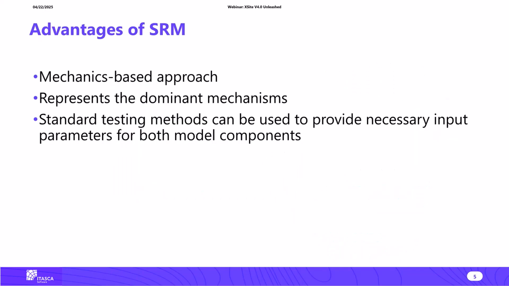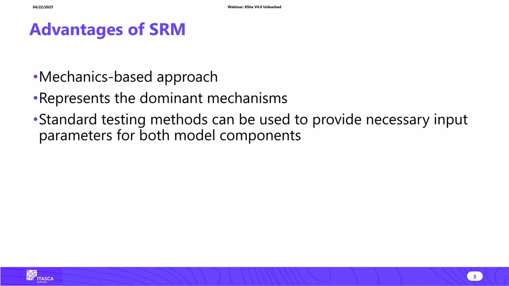So what are the advantages of the SRM or synthetic rock mass? It is a mechanics-based approach, and consequently, it represents dominant mechanisms of the deformation and failure of the fractured rock mass, which very often consists of sliding and opening of pre-existing joints, and fracture propagation through the rock bridges between these joints.